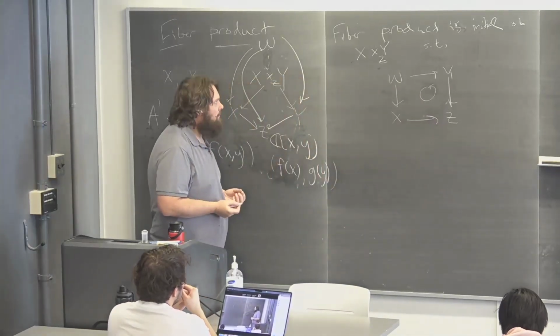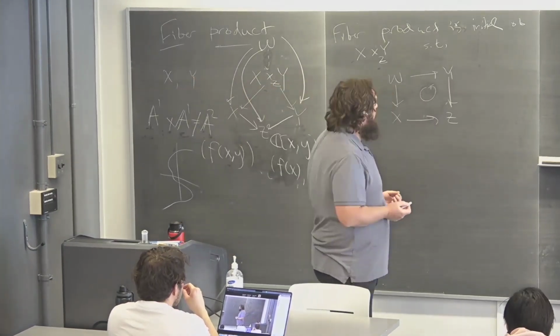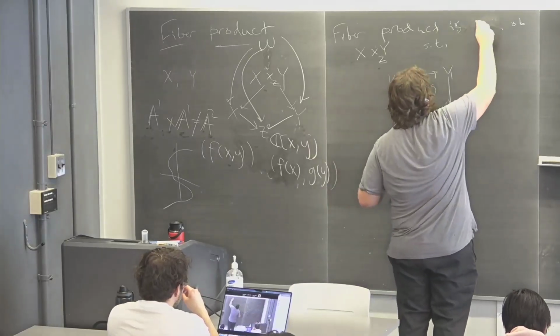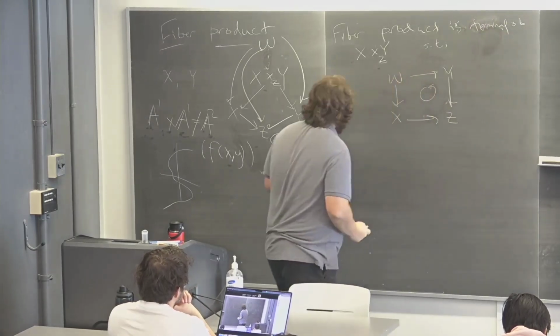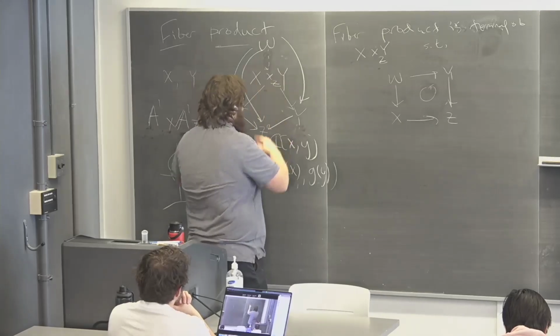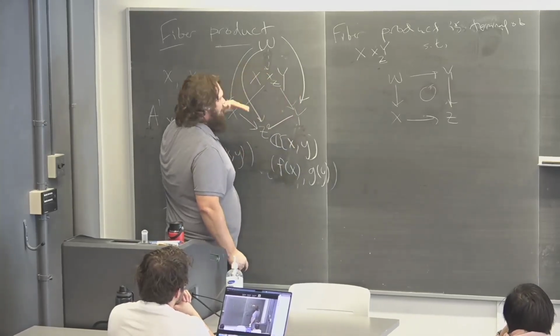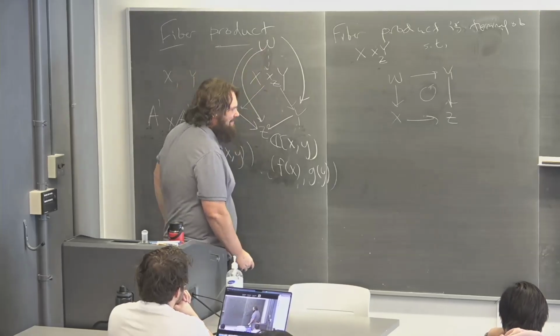Sorry? It's terminal? Oh, it is terminal. Shoot, yeah, you're right. Sorry. It's always counterintuitive. Anyways, it's because things that are defined by mapping into stuff tend to be terminal because other stuff maps into them.